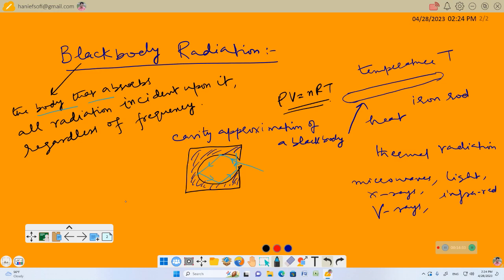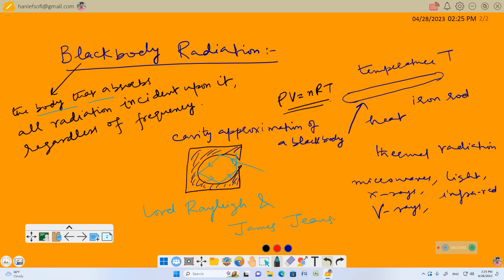Now, the problem of black body radiation was examined at the end of the 19th century by two physicists. One is called Lord Rayleigh, and the second person is called James Jeans.